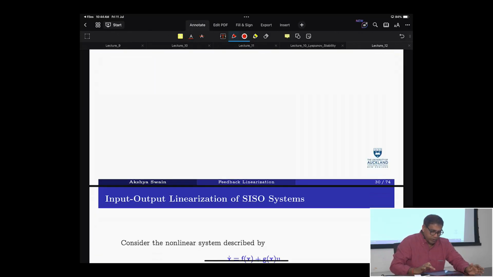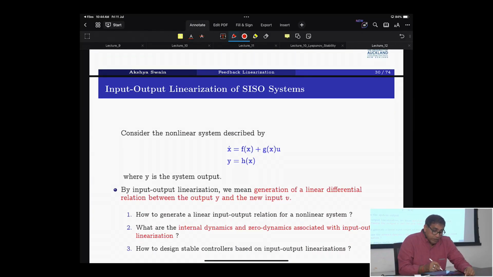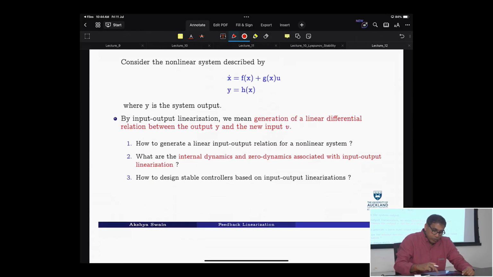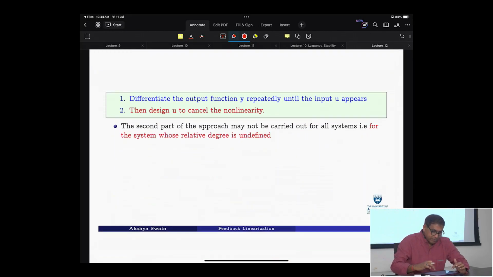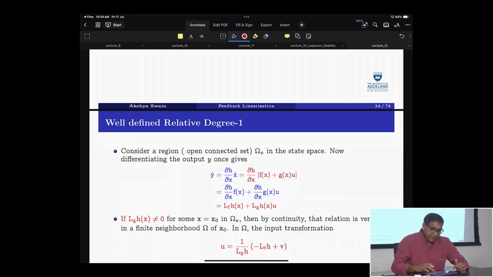Another piece of mathematics, then I will close it. Other things we will discuss. Now suppose x dot is equal to f(x) plus g(x) u and y is equal to h(x). Again let us do it. What is y dot? Now see here y dot.